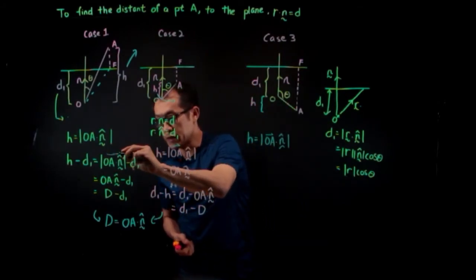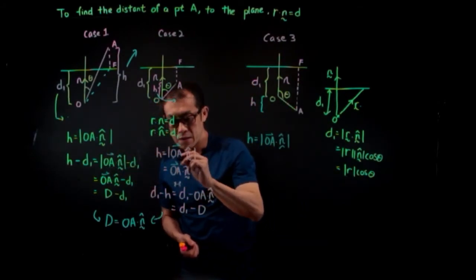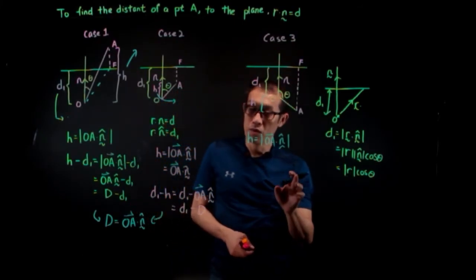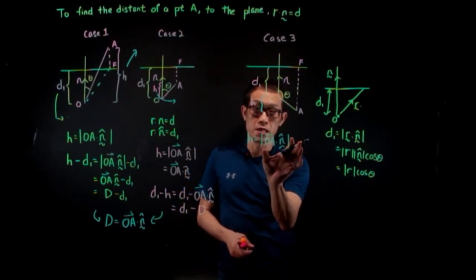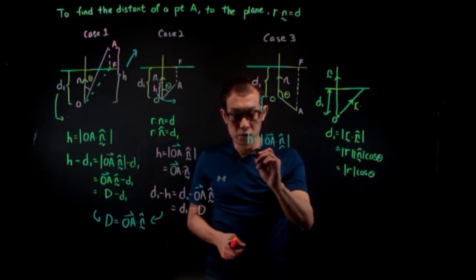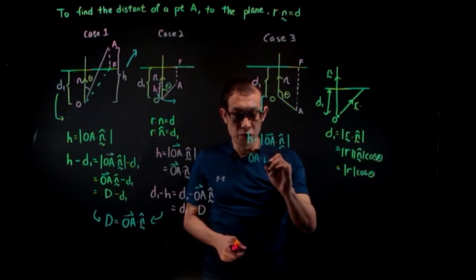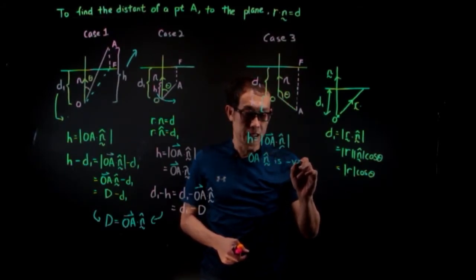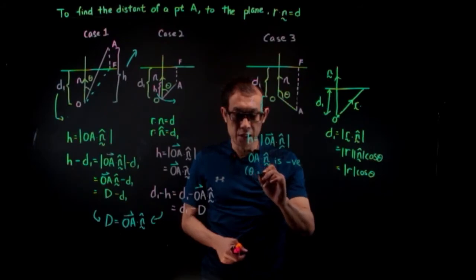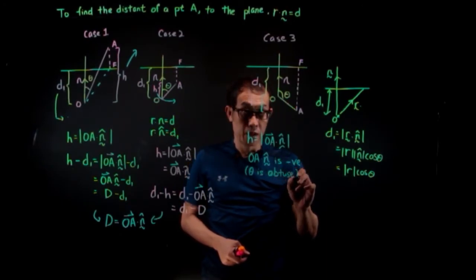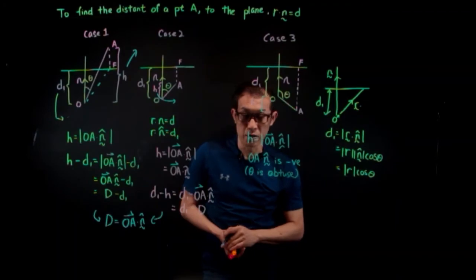Take note, OA dot unit vector n is negative because theta is obtuse.